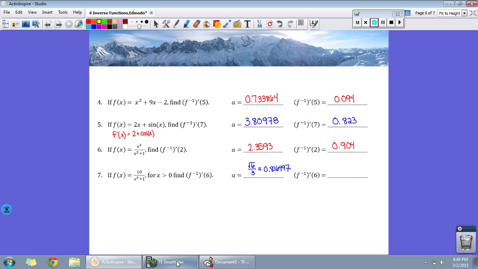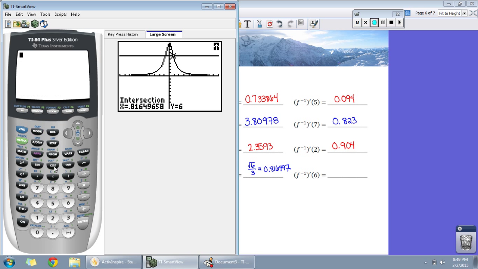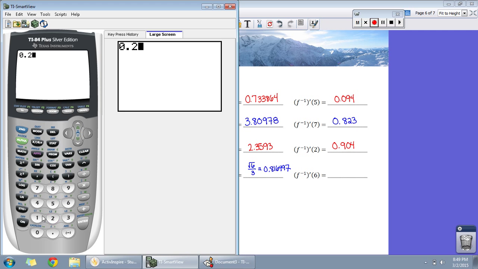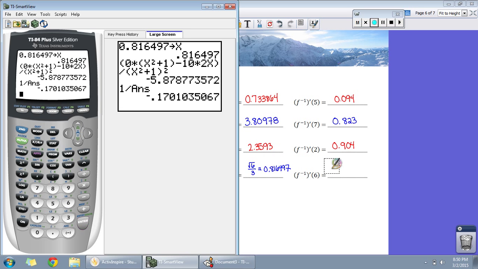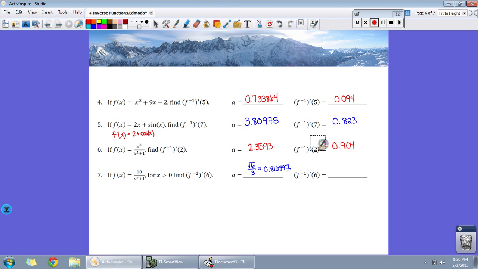Okay, and then we are going to enter that x value. Oops, this is supposed to be an 8. 497, store as x. And then we want the derivative. Got that, and then we want 1 divided by the answer. So our answer over here is going to be negative 0.1701.